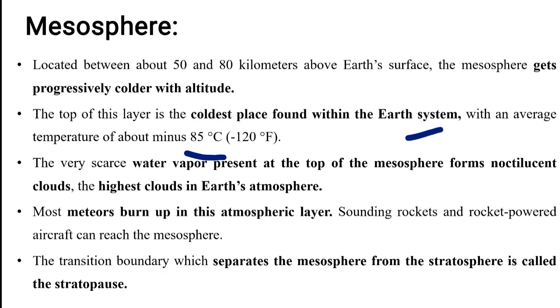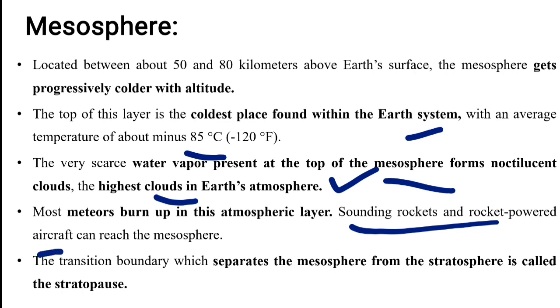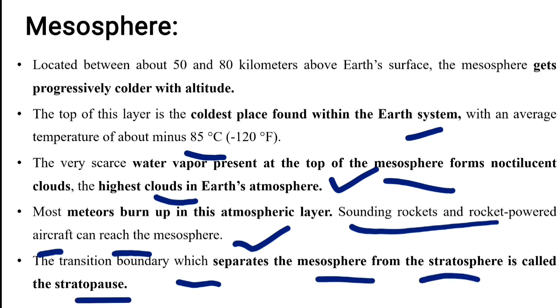The very scarce water vapor present at the top of mesosphere forms the noctilucent clouds, the highest clouds of Earth's atmosphere. Meteors burn up in this atmospheric layer, and rockets and rocket-powered aircraft can reach the mesosphere. The transition boundary which separates the mesosphere from stratosphere is called stratopause.